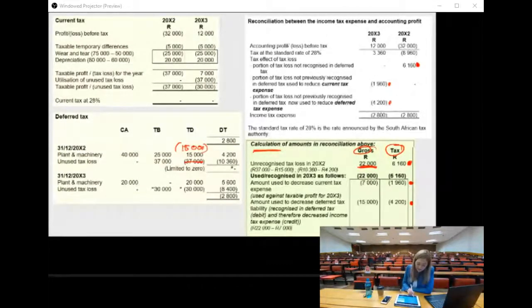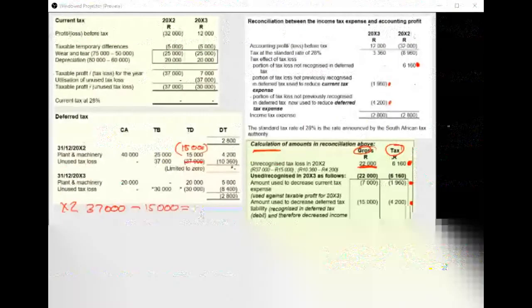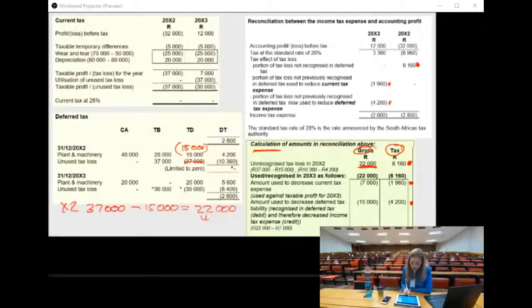So the 37,000 total unused tax loss at the end of 20X2, less the 15,000 that we did recognize, gives us 22,000 that was unrecognized at the end of 20X2. If we multiply that 22,000 with 28%, we get to the 6,160.